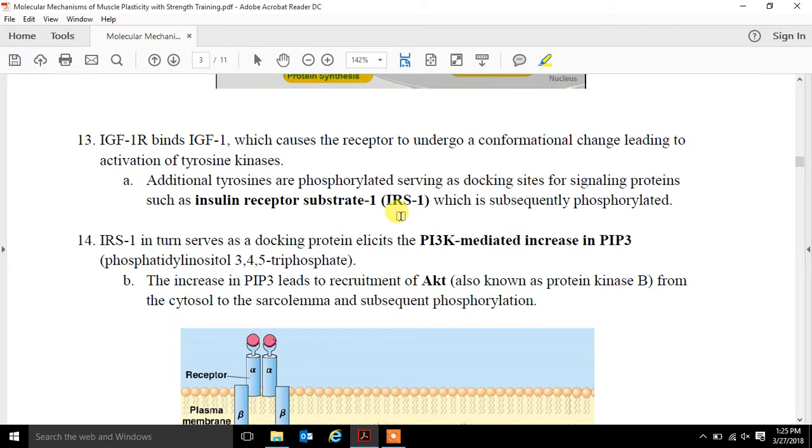Okay, so what are the real steps that you need to know? There's a lot of steps here, but I want to break it down to the key sequence of events that I would potentially test you over.